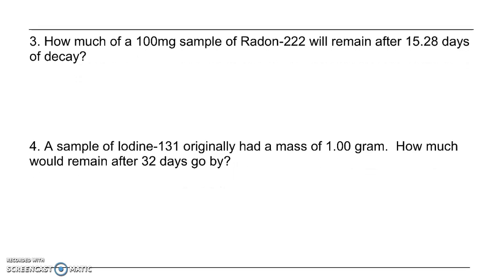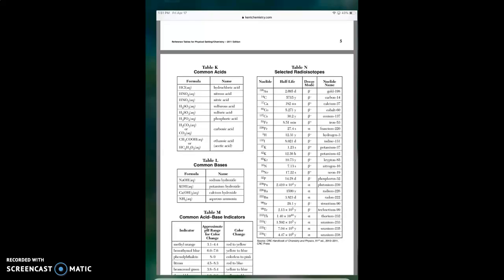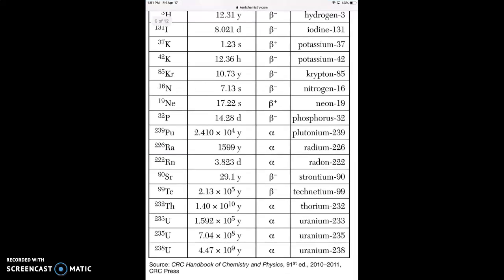Okay, number 3 gets a little more complicated because if you read number 3, it doesn't tell you how many half-lives went by. It tells you what your mass is, and it tells you the total number of days that went by. So if I know the total number of days that went by, and I also know the half-life of radon-222, I can figure out how many half-lives went by.